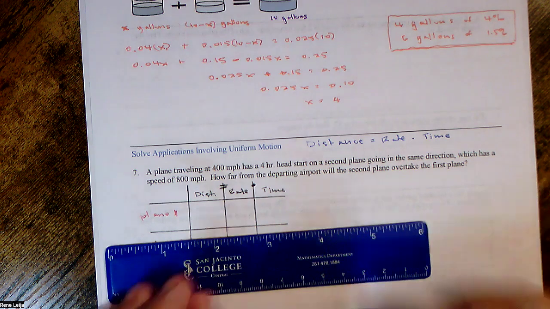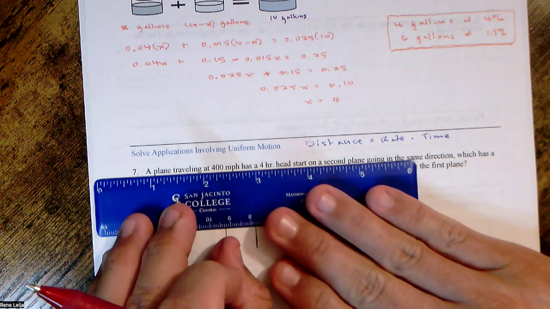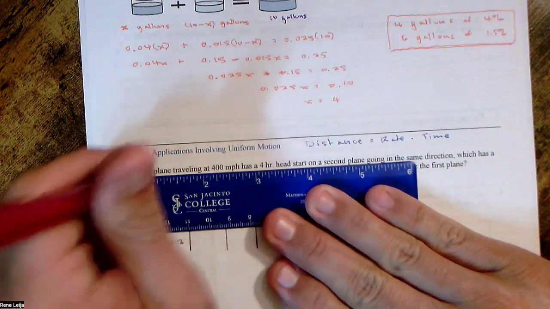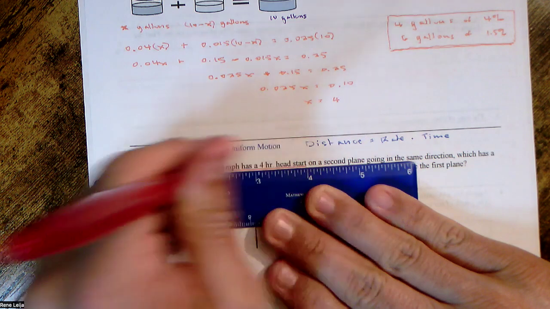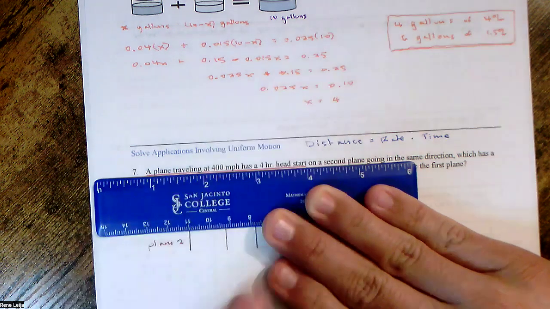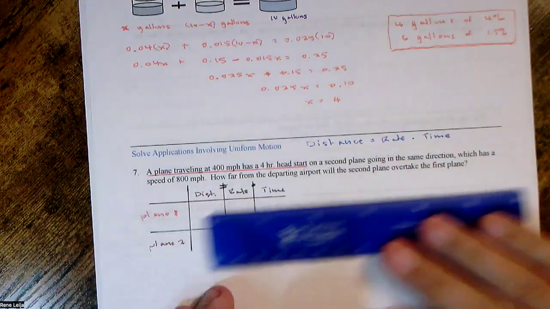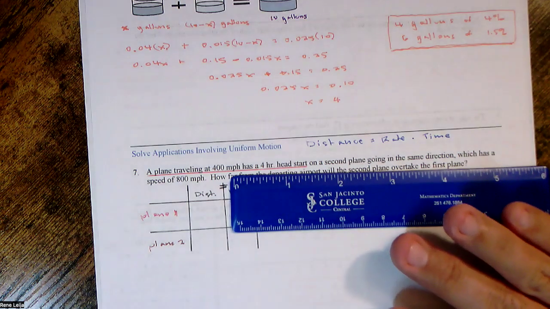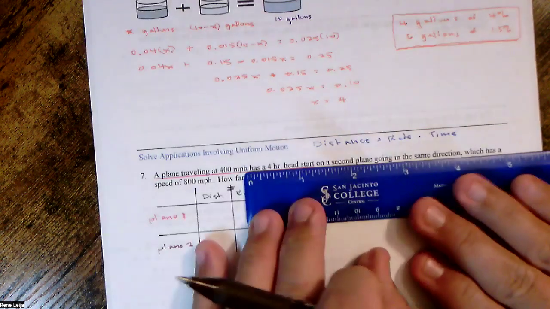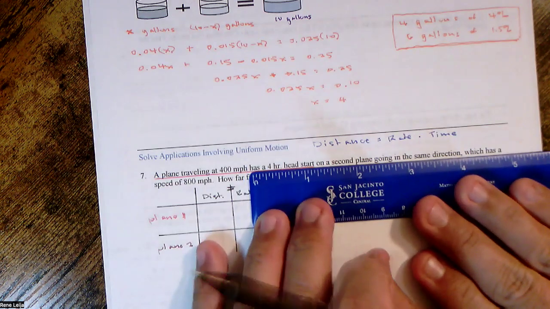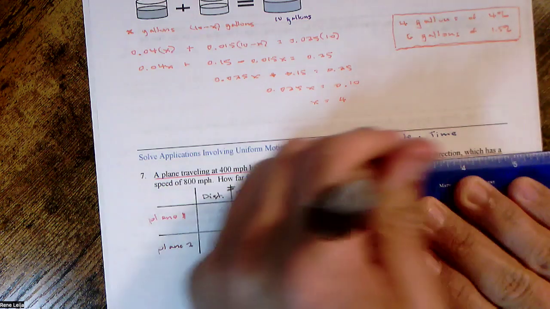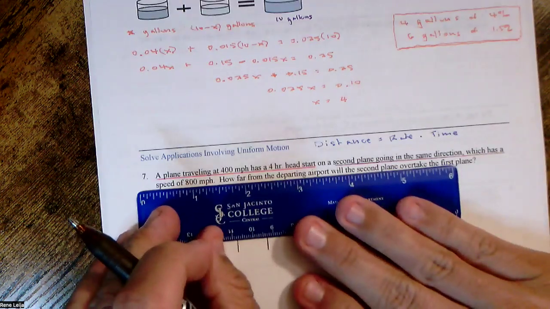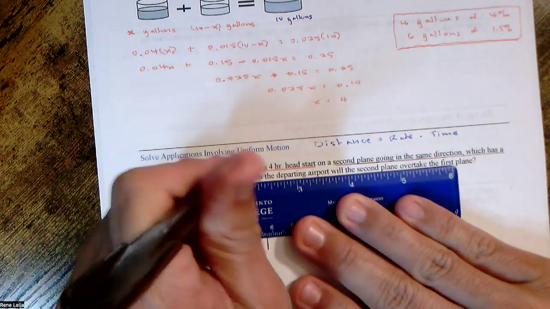So we're going to call this plane one, and I'm going to underline this in red. A plane traveling 400 miles per hour has a 4-hour head start on a second plane traveling in the same direction. So this is going to be the brown. The second plane is going in the same direction, which has a speed of 800 miles per hour.